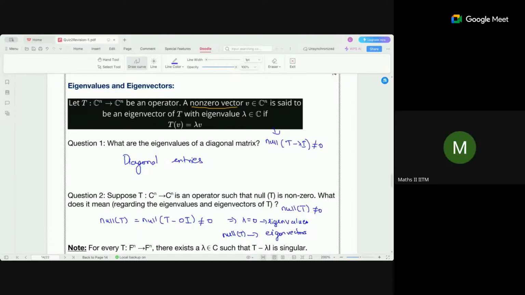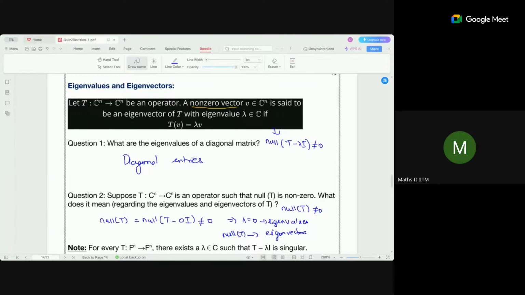See, the determinant of a matrix is equal to the product of the eigenvalues. So if one of them is 0, it means the determinant is 0. Either way, you can use the rank and then say the determinant is 0, or you can use the product of eigenvalues equal to determinant and then say the determinant is 0. So these are some observations.